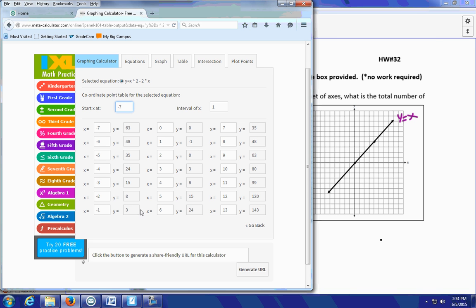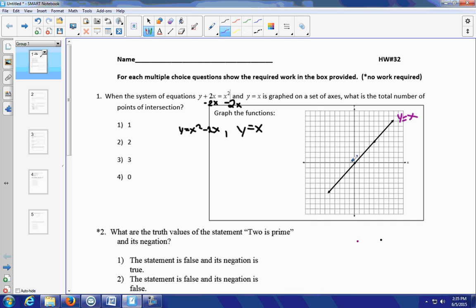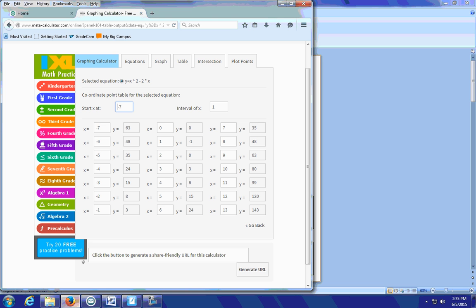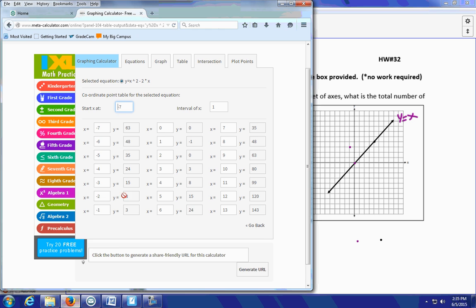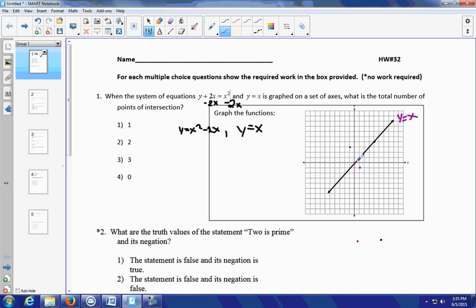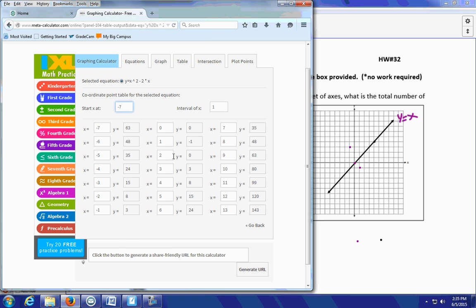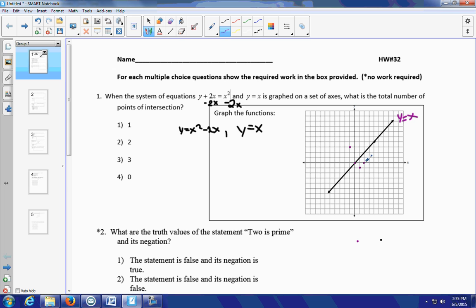So I'm going to graph negative 1, 3. Then I'm going to graph 0, 0. Then I'm going to graph 1, negative 1. And then it matches, it goes back up. So the next one is 2, 0, and then 3, 3.